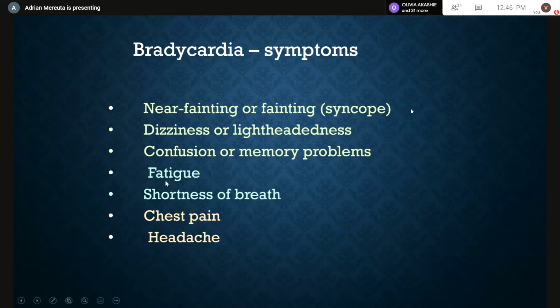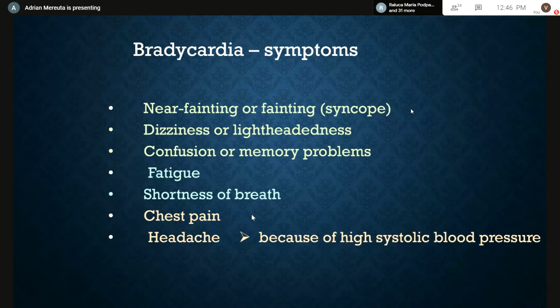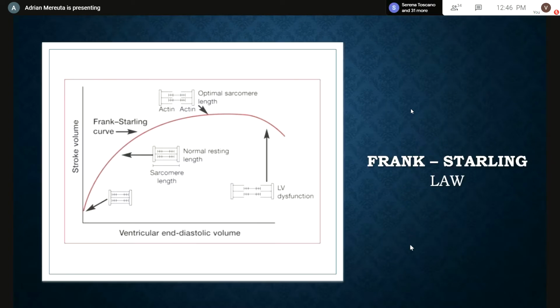The patient can have fatigue and shortness of breath because of decreased cardiac output, and finally can have chest pain because of decreased oxygen for the myocardium, and headache because usually in bradycardia, the systolic pressure tends to be higher. Why? I will show you.